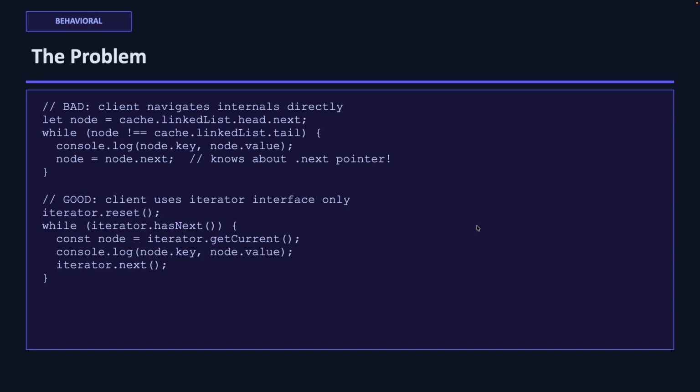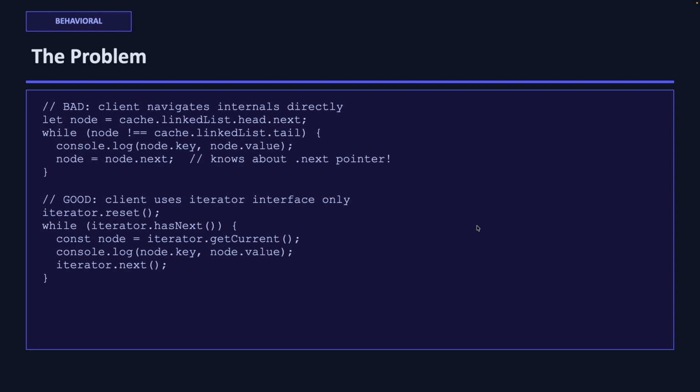It's going to have to go specifically to the next and call the next pointer manually. And every time it does this, it's going to go until it hits the tail. So it knows about the next pointer. It knows how the collection is formed. However, if there's some change that happens within the code internally, it will possibly break this piece of code.